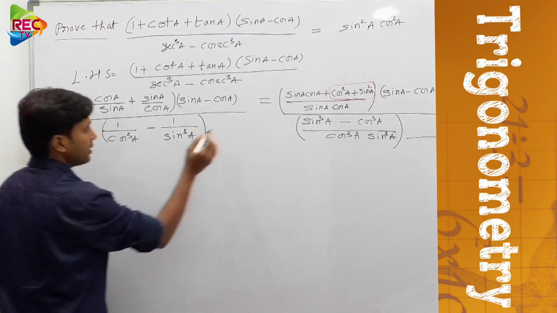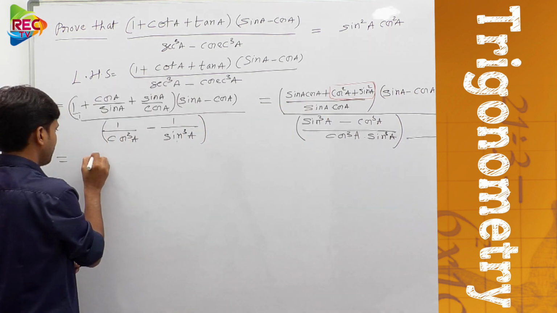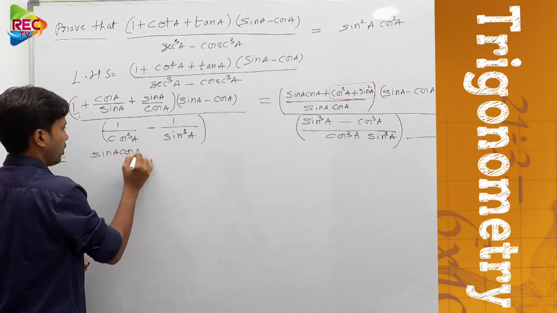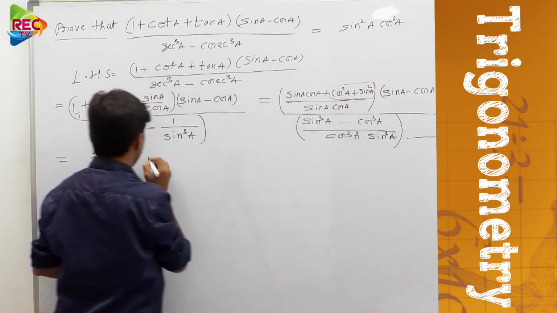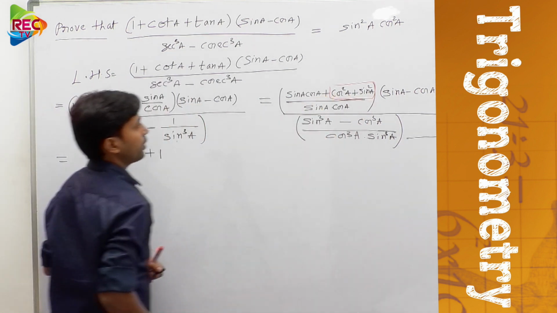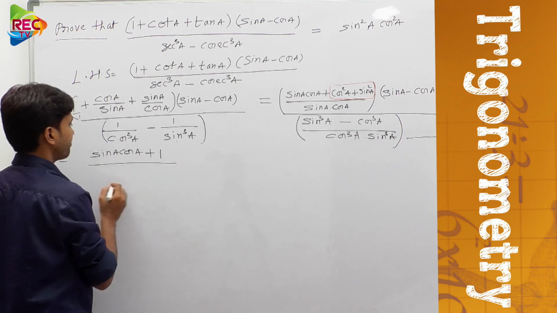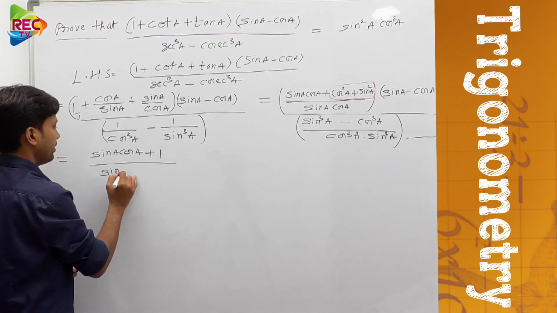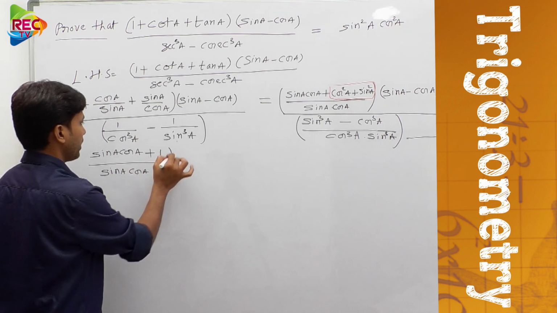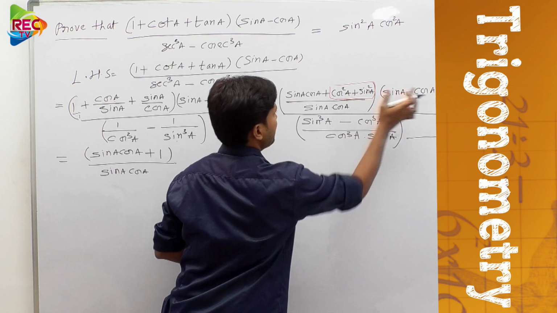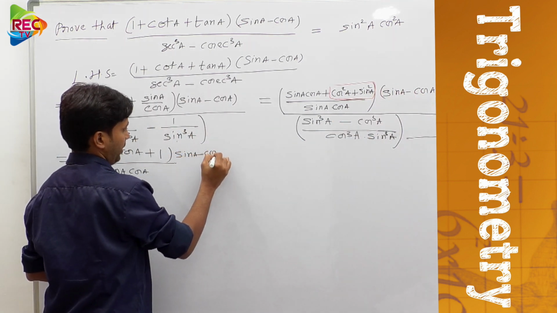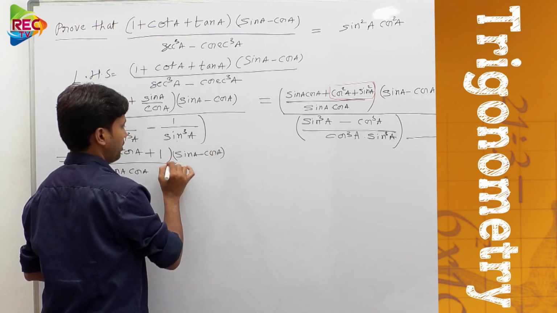This is sin A cos A plus 1, plus this one, by sin A cos A. Till this it's okay. Now multiplied by sin A minus cos A.